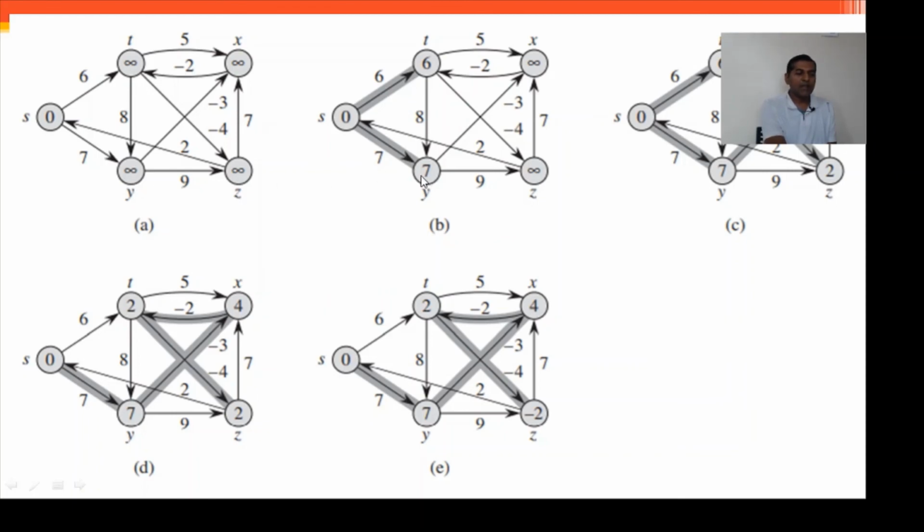Then we relax the next edges, y to x: 7 minus 3 is 4, so x becomes 4, and 6 minus 4 is 2, so z becomes 2 instead of infinity.